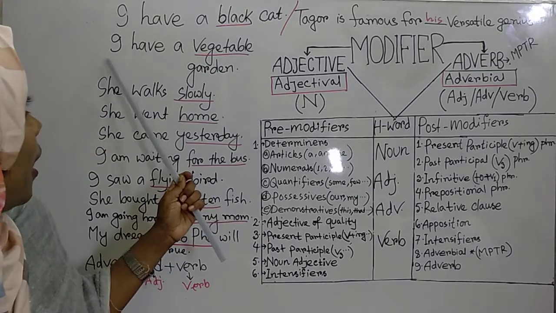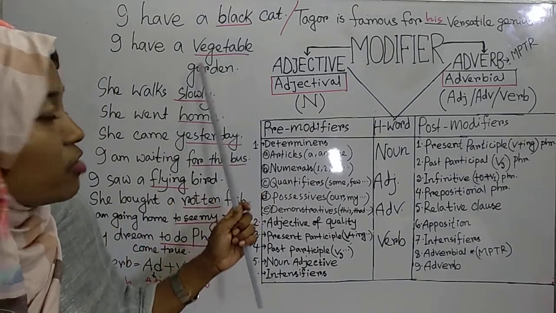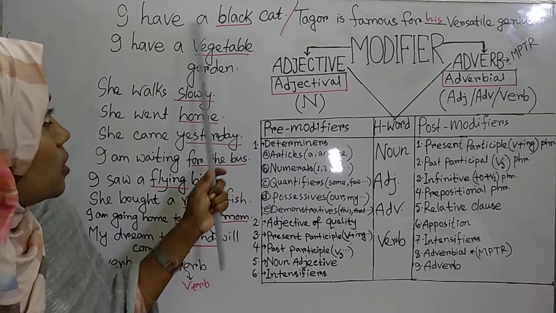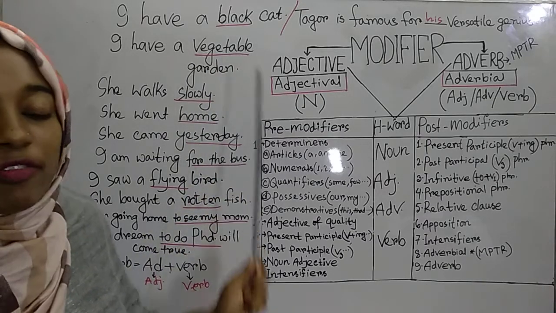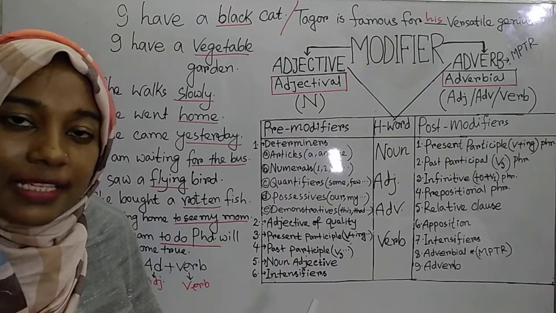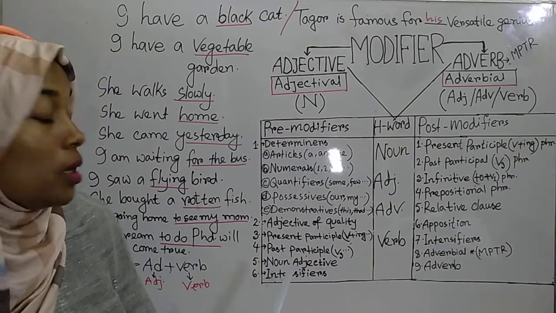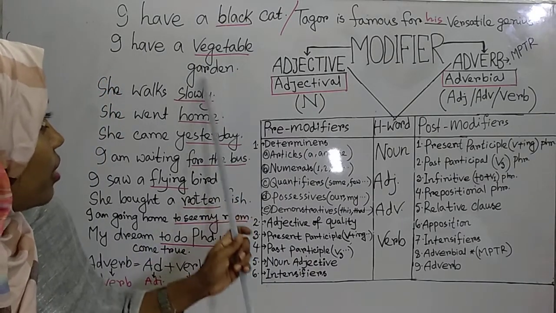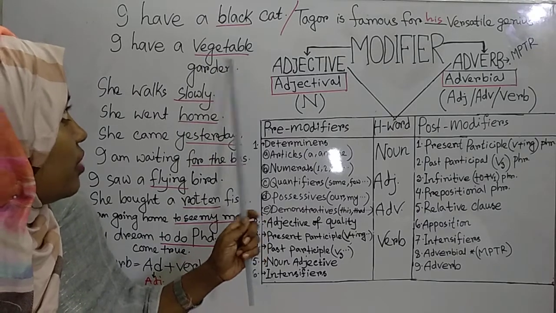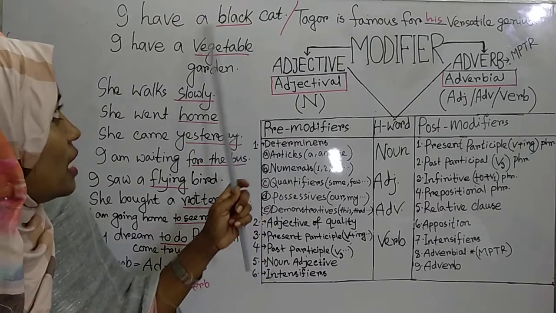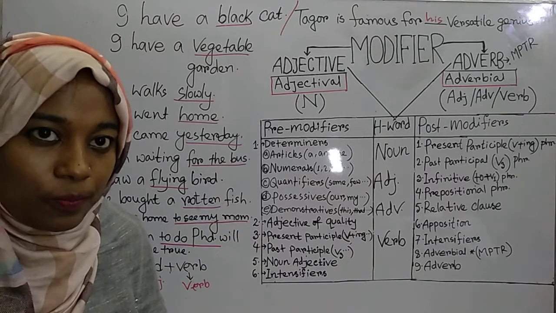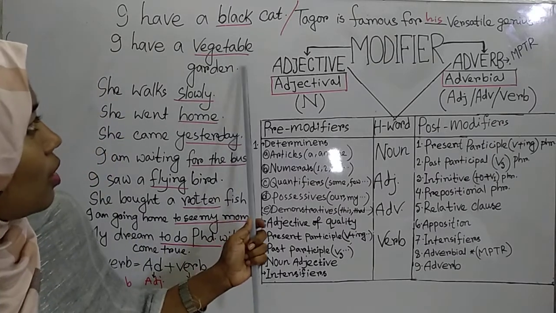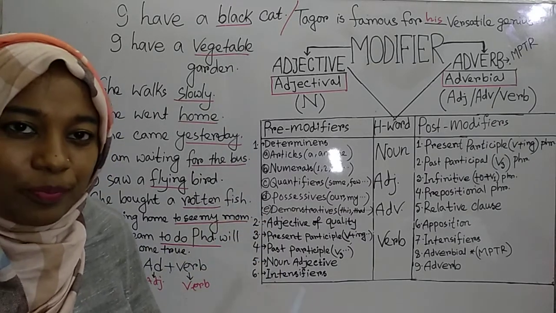Here I have a vegetable garden. Here the word vegetable is not an adjective by its form, but here it does the function of an adjective in the sentence. So it is an adjectival. It is also called a noun adjective.